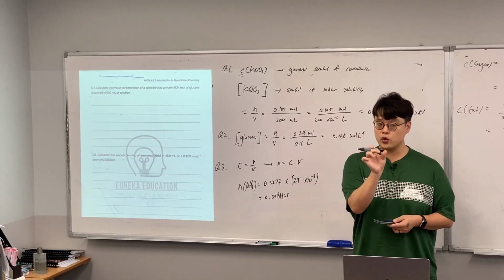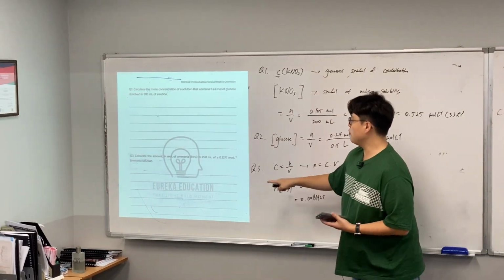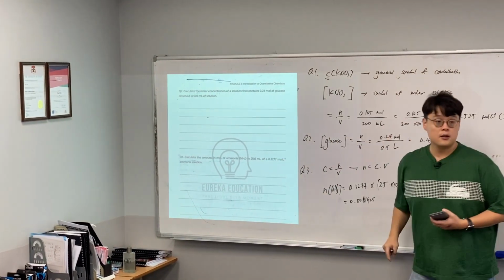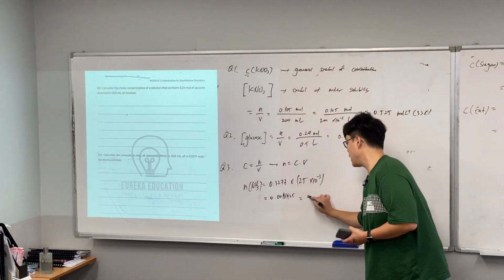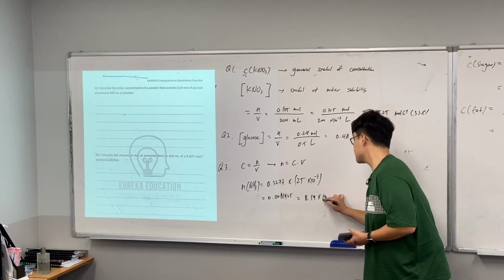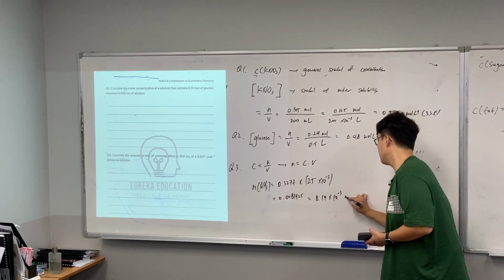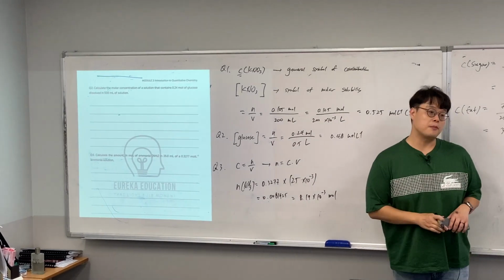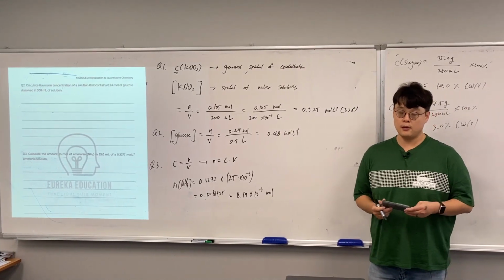Then shorten that into the given sig figs. How many sig figs are you given? You're given 4 and 3. So you need to follow the 3 sig fig value. This is then 8.19 times 10 to the power of minus 3 mole, how we can represent it in 3 significant figures.